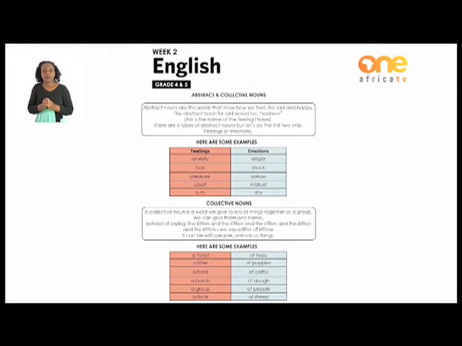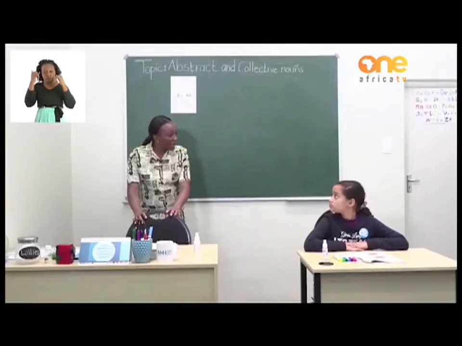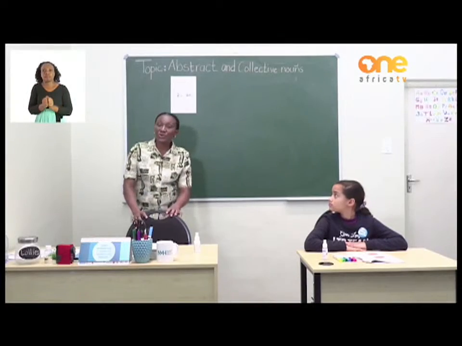Here are some examples of collective nouns. I've already mentioned some, so you can see a forest of trees, a litter of puppies, a herd of cattle, a batch of dough, a group of people. So those are the few examples of collective nouns. Do you have any question? No question.